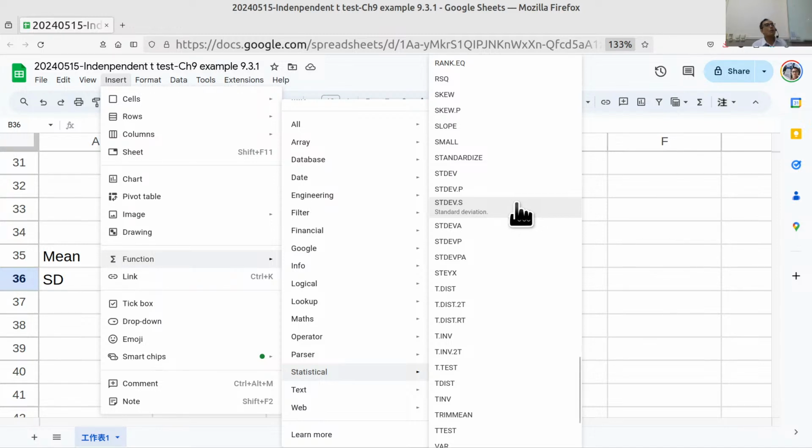Okay, again, what's the difference between the samples and population? Just a reminder again: when we select standard deviation P, population, in the denominator, n-1 is for samples.